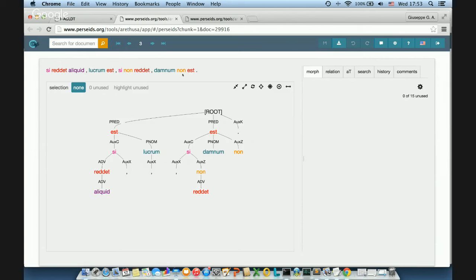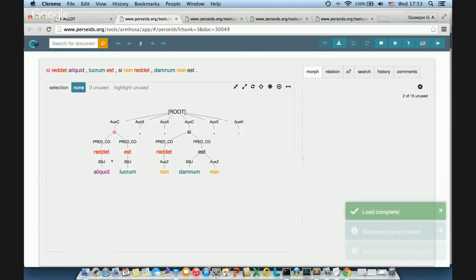So what is interesting here, and maybe let me also show what the second annotator did. Wait a second, what the first one did is that, yeah, this is what I wanted to show.